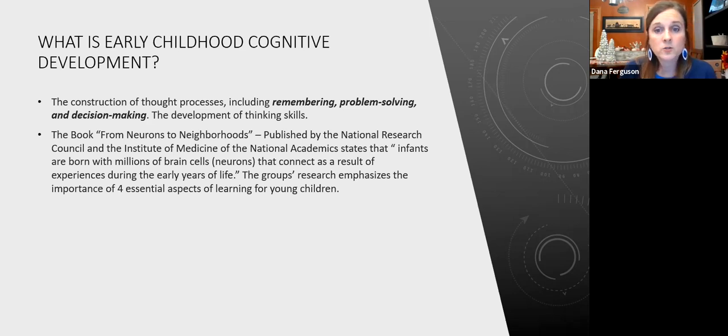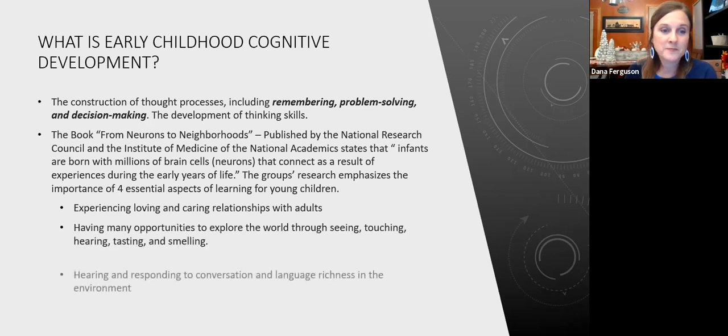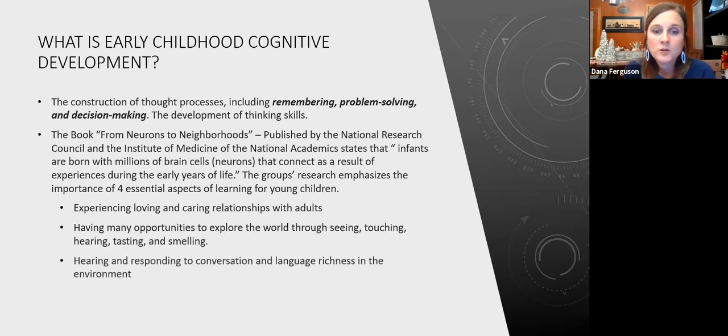The group's research emphasizes the importance of 4 essential aspects of learning for young children. So these are really important in our profession and what we do. So first and foremost is experiencing loving and caring relationships with adults. That is essential for good, healthy brain development. Also having many opportunities to explore the world through seeing, touching, hearing, tasting, and smelling.